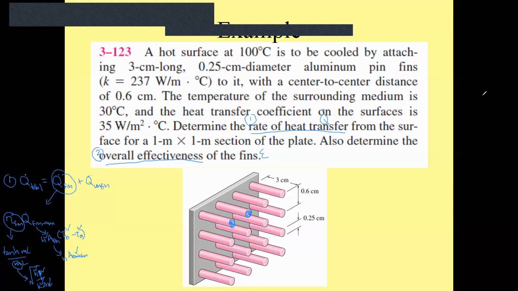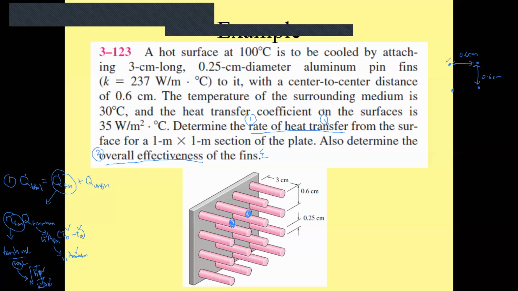Let's take a look at this. It says here, with center to center distance of 0.6 centimeter. Center to center. So this is 0.6 centimeter, and this is 0.6 centimeter.